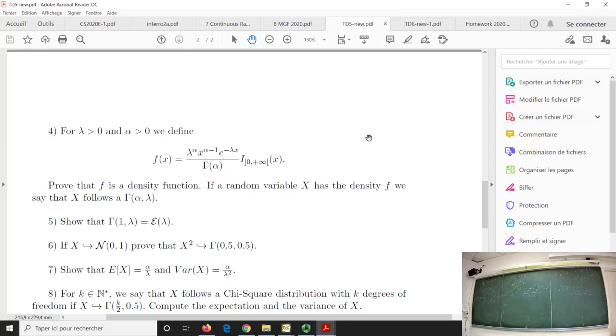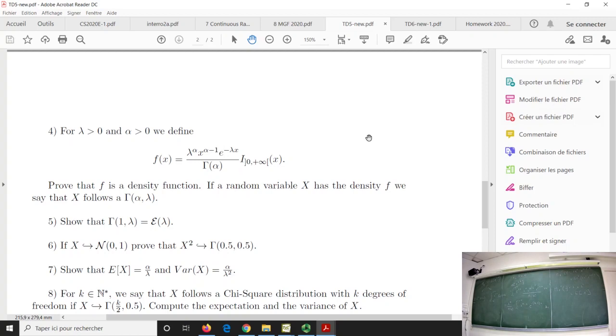Here I have two exponentials, so first I can regroup them. I can write lambda to the power alpha over gamma of alpha, times the integral between 0 and plus infinity of x to the alpha minus 1, exponential minus (lambda minus t) x dx. I have just regrouped the two exponentials in one exponential.